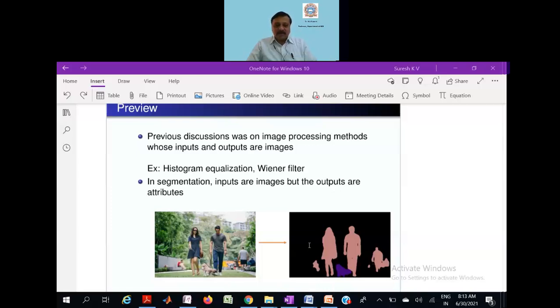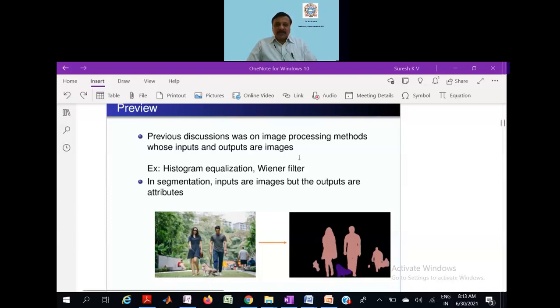For example, in histogram equalization, the input is a low contrast image. Once I perform histogram equalization, the corresponding output will be a histogram equalized image, which will be a high contrast image. So input is an image, output is also an image.